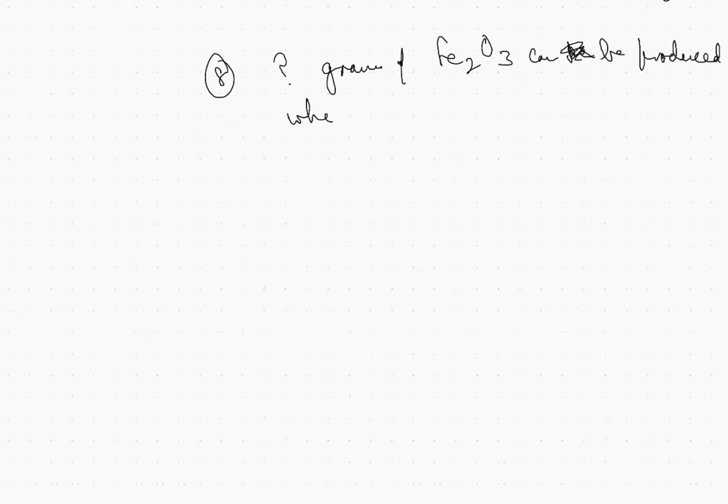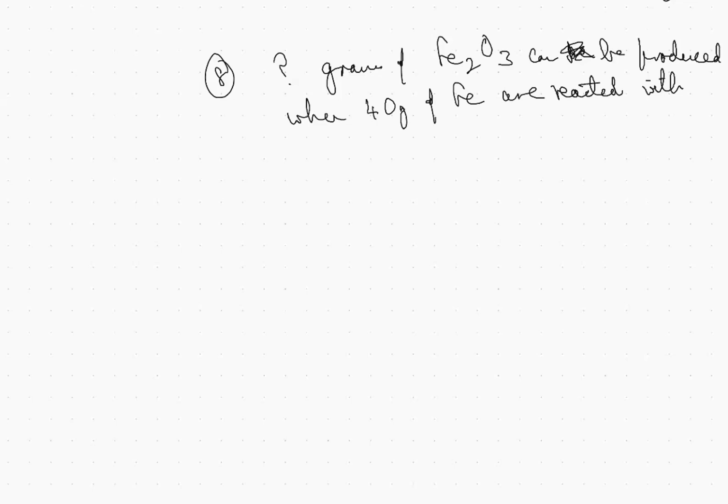Question: how many grams of Fe2O3 can be produced when 40 grams of Fe are reacted with 40 grams of oxygen?